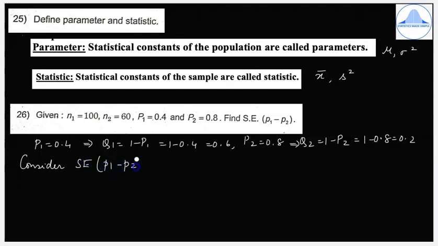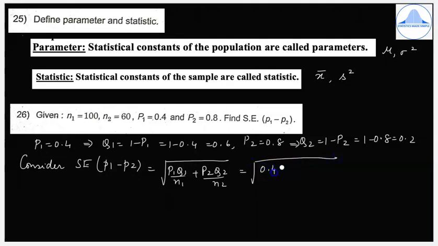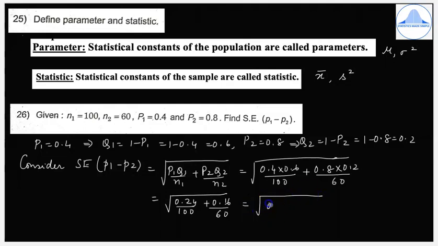So standard error of P1 minus P2 is equal to root P1 Q1 by N1 plus P2 Q2 divided by N2, which is equal to root 0.4 into 0.6 divided by 100 plus 0.8 into 0.2 divided by 60, which is equal to root of 0.24 divided by 100 plus 0.16 divided by 60, which is root 0.0024 plus 0.0027, which is root of 0.0051.